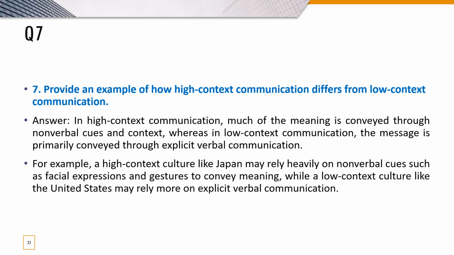For example, a high-context culture like Japan may rely heavily on nonverbal cues such as facial expressions and gestures to convey meaning, while a low-context culture like the United States may rely more on explicit verbal communication.